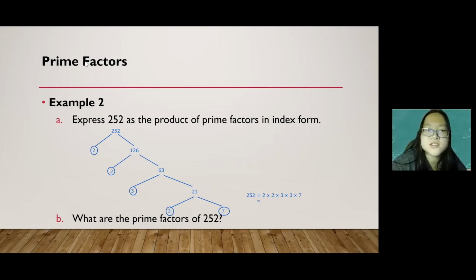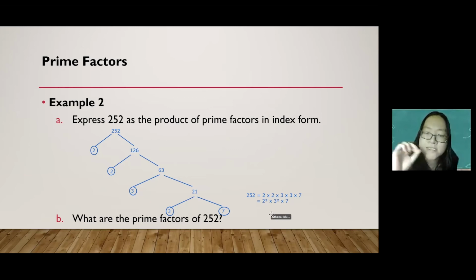Okay, I think I keep having to open and close the chat because it kind of blocks my window. So Sydney said earlier that that's correct, that it would be 2 squared times 3 squared times 7. Okay, so that's the answer. Remember, this exponent, this little number at the top right, means the number of times the base is multiplied by itself.